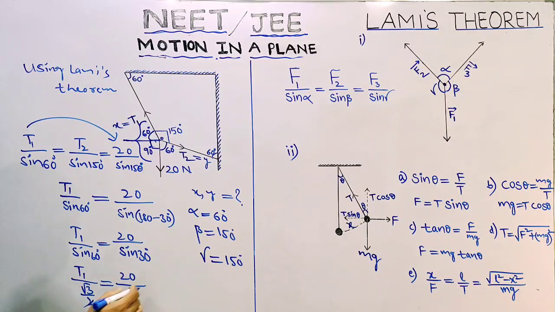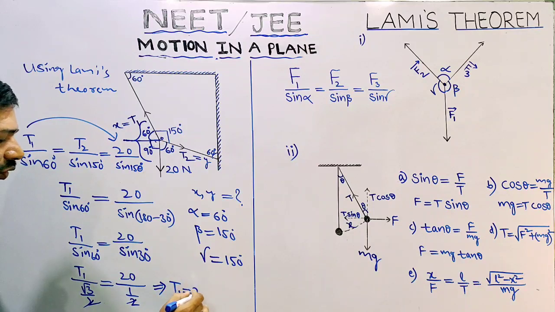Here 2 gets cancelled, therefore T1 equals 20 root 3 newtons.